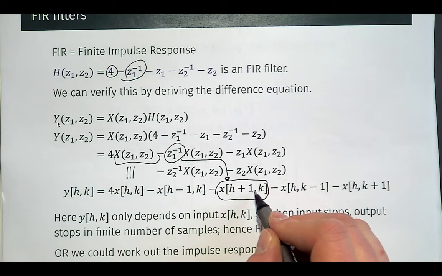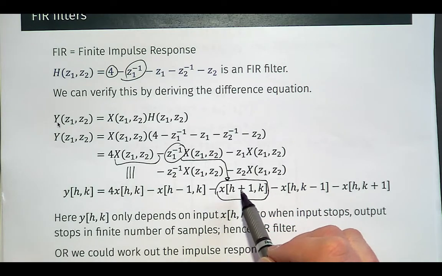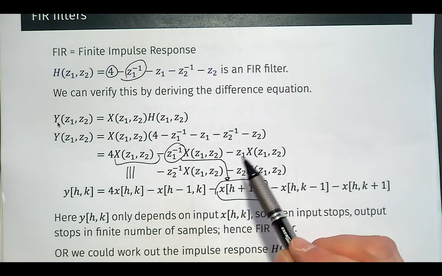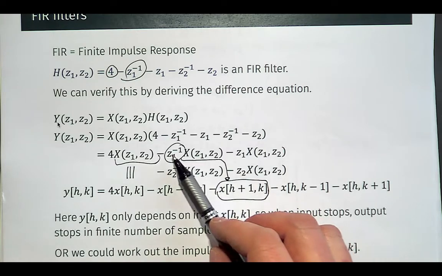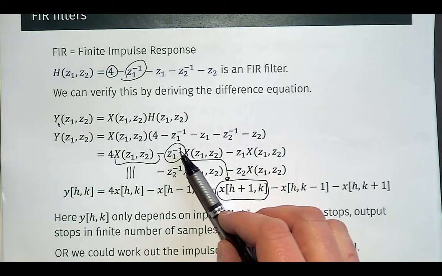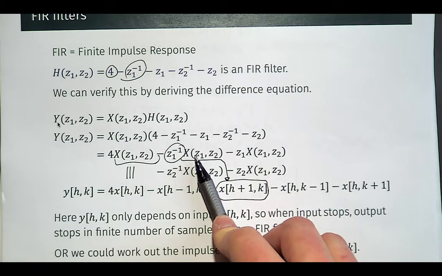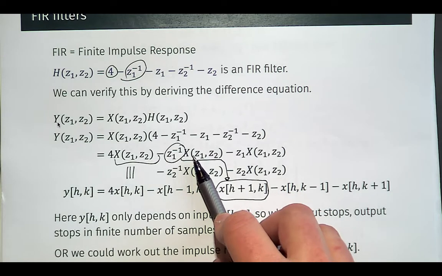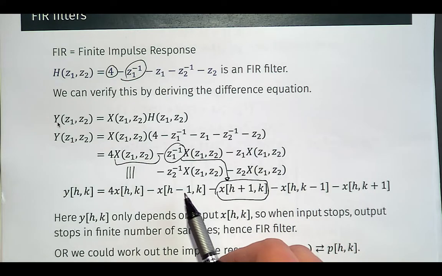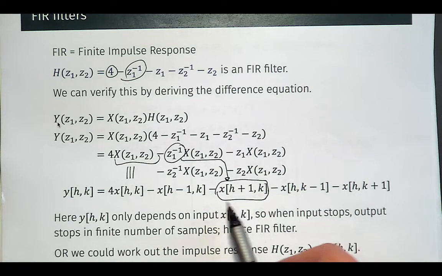So the h plus 1 basically will get transformed into z minus 1 to the power of minus 1 of your input signal, I think. Right? And you can keep on identifying all these terms.